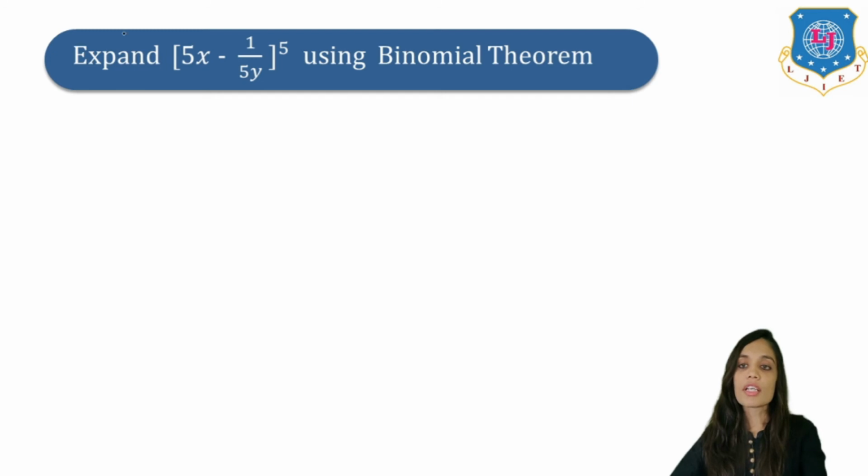So next, let us expand this using the binomial theorem: (5x minus 1 upon 5y) whole raised to 5. So let us write using the binomial theorem first.